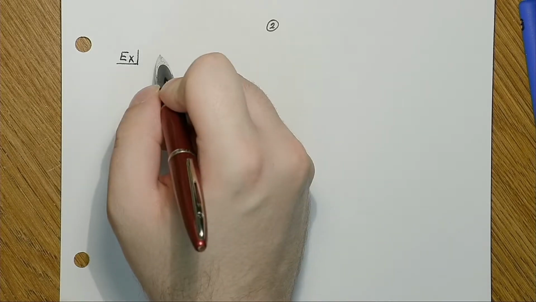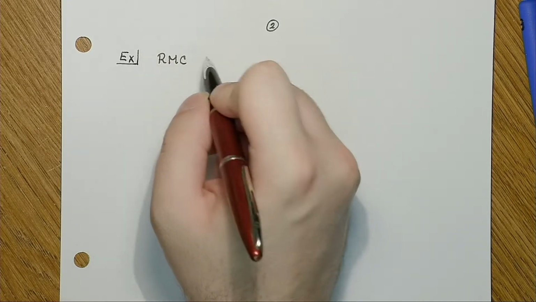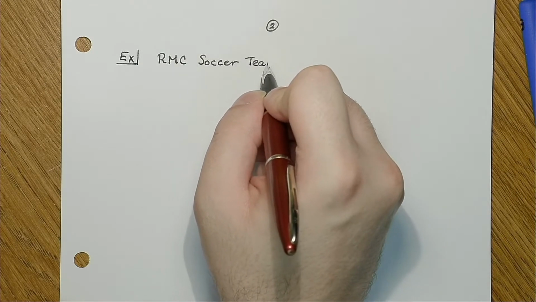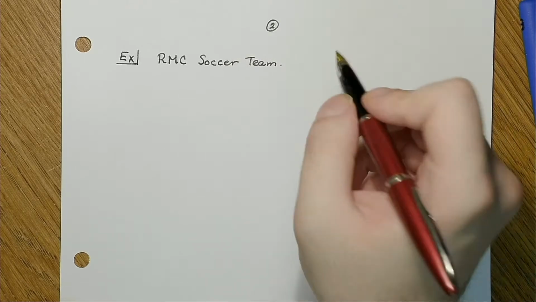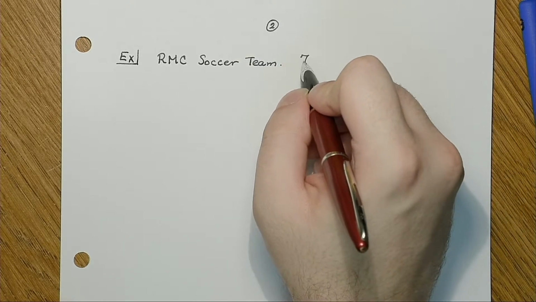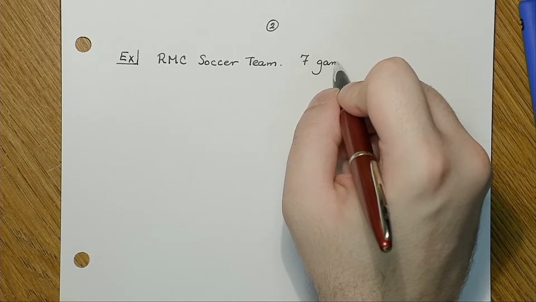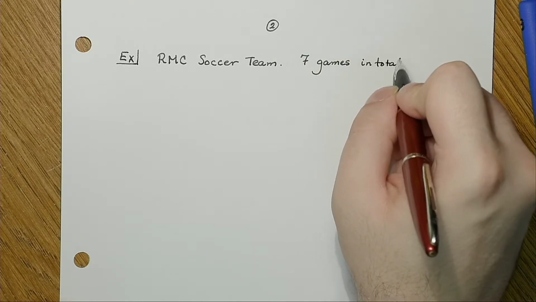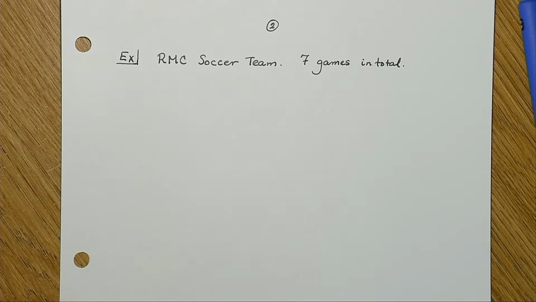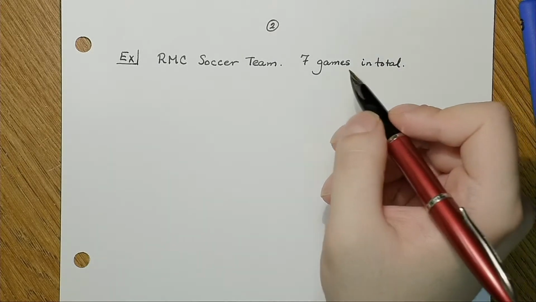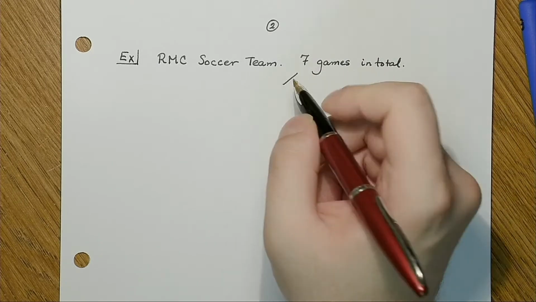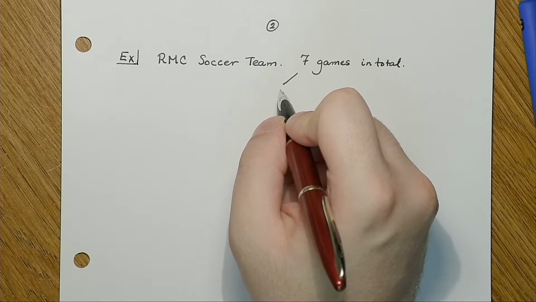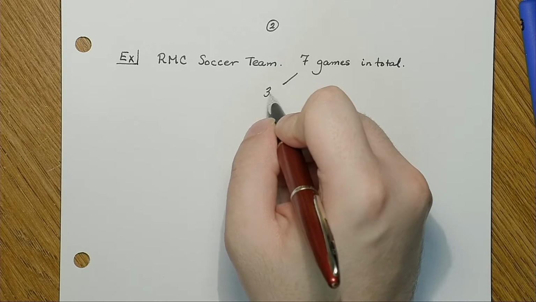Okay, so let's say that there's the RMC, and we'll say the soccer team. We'll say that there are 7 games in total. And what we'll say is that they have 3 wins.